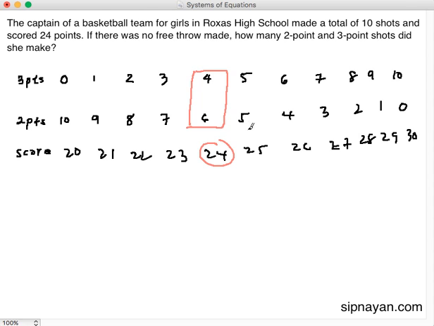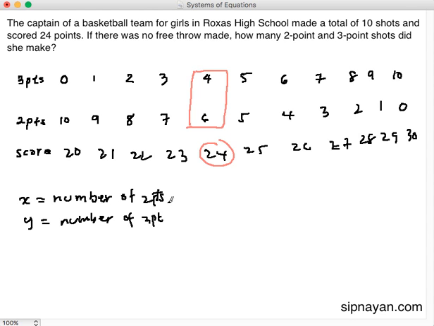But of course, we can solve this algebraically. Unang-una, if we let x be the number of 2 points, and we let y be the number of 3 points.